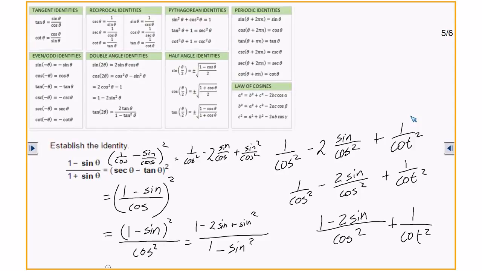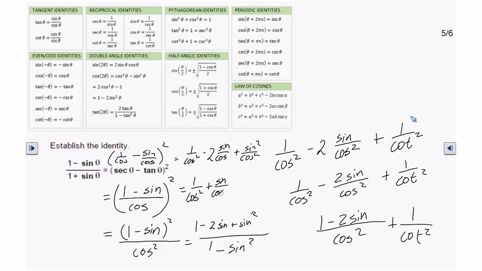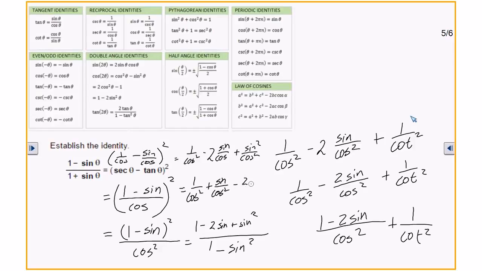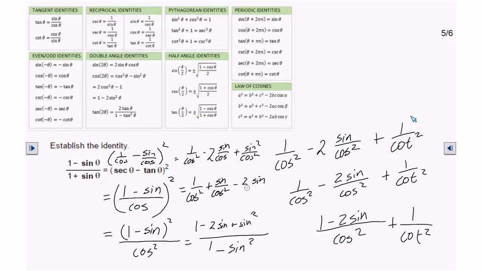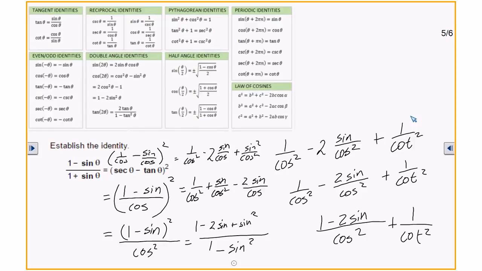Gets common denominator. So in other words, equals 1 over cosine squared plus sine squared over cosine squared minus 2 sine over cosine. And that's going to give us 1 plus the sine over cosine squared.